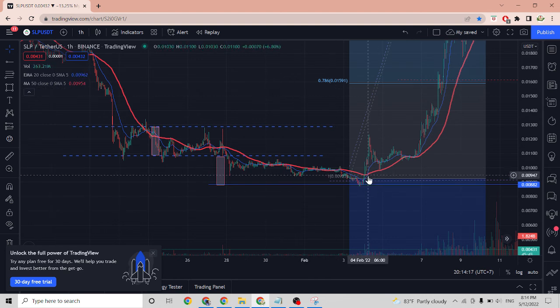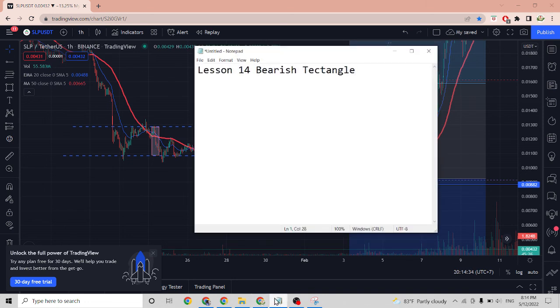It is confirmed here. MA 50 is below EMA 20 here, so you can buy here also. So that's how we can use lesson 14, which is about bearish rectangle.